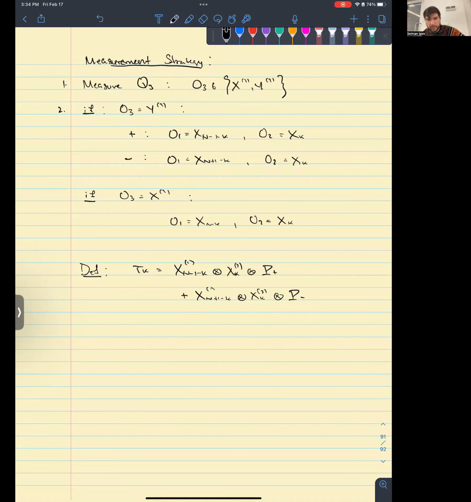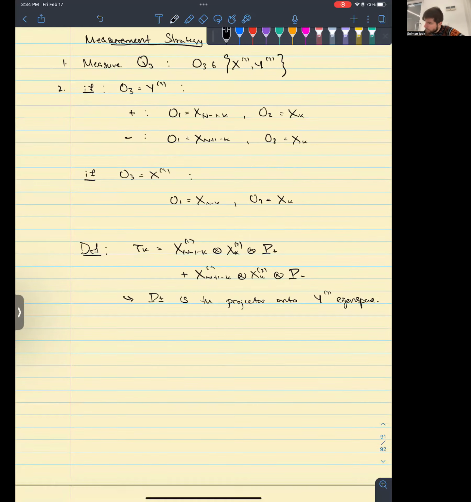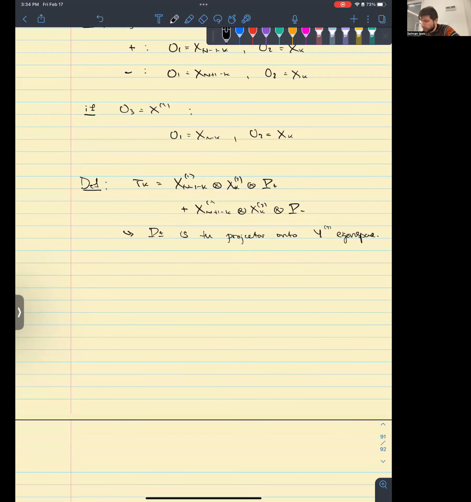Let P plus or minus be the projector onto the Y3 eigenspace. Okay, so this is one part of the measurement protocol.